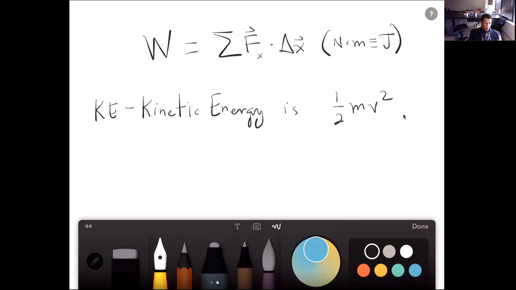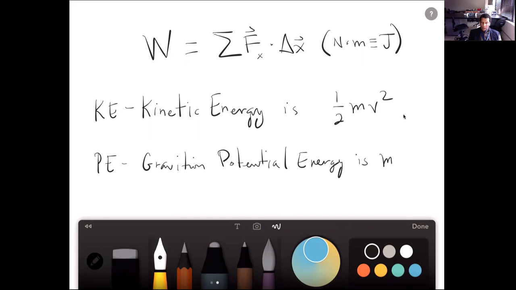And we're going to also have PE. This is going to be gravitational potential energy. And it is the mass of an object times the gravitational pull near the surface of the Earth times the height of this object.